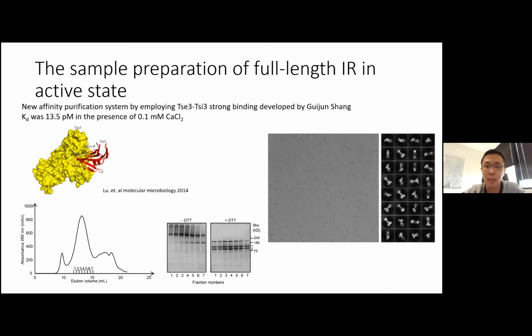study, and you can see that we get a relatively homogeneous sample, and we image the sample under our microscope. After 2D averaging, the 2D averages look pretty good, and we can see the receptor in different orientations.